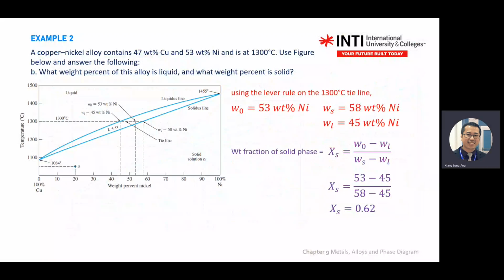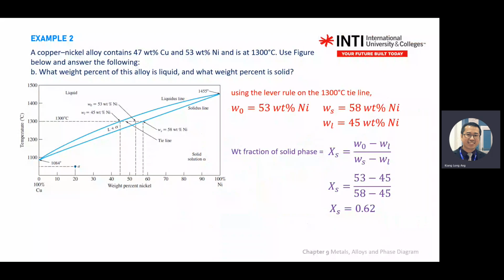So for a binary, actually you can focus on copper or nickel, same. Because for the two lines there, this point on the liquid line, we have 45% nickel and 55% copper. Same. This point, 58% nickel and 42% copper.